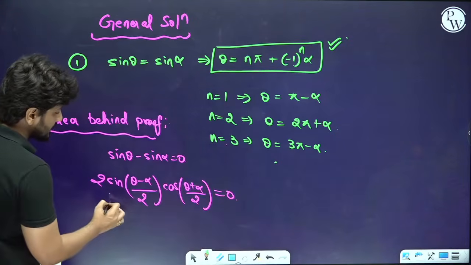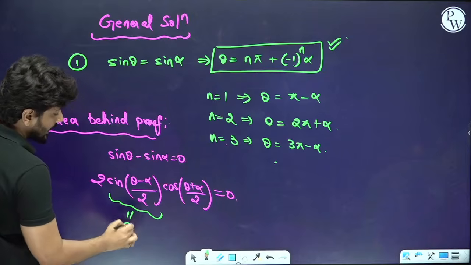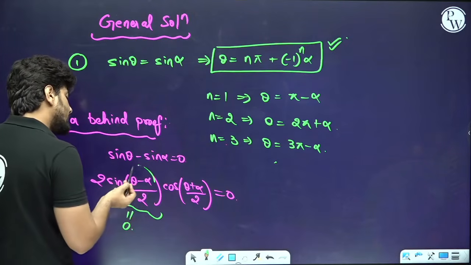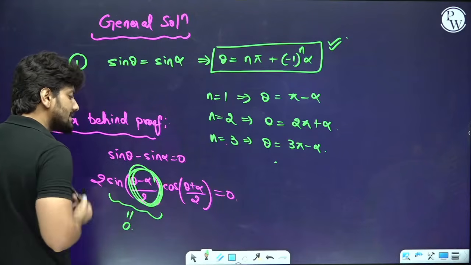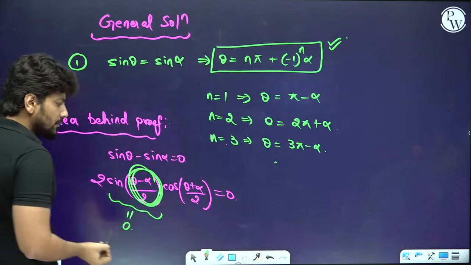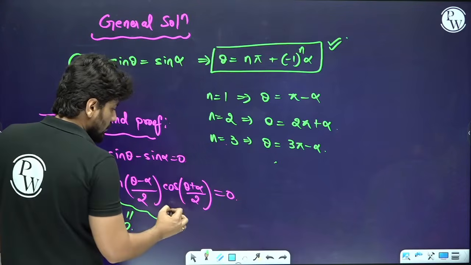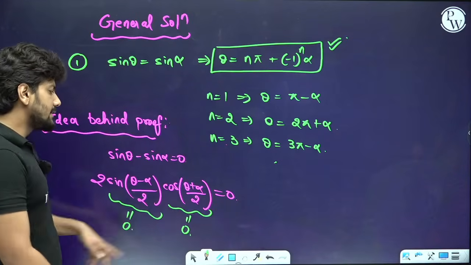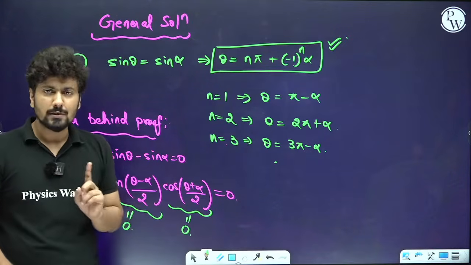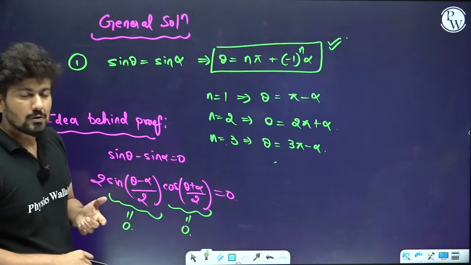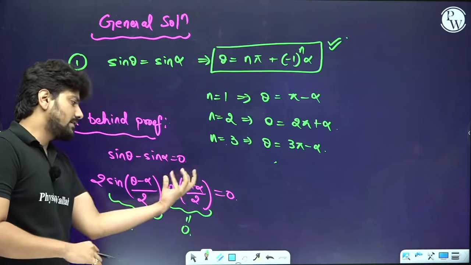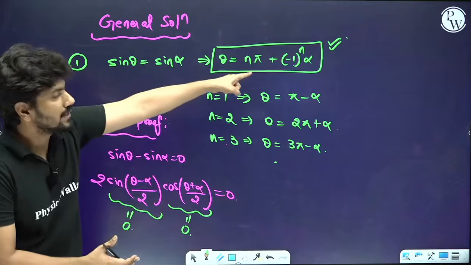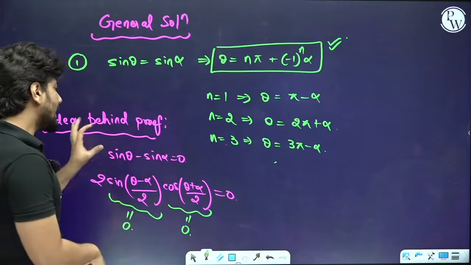So either this thing is 0, and we know that sine becomes 0 when the input is n pi, or cos will be 0, and this is 0 when theta plus alpha by 2 is an odd multiple of pi by 2. If we get the solutions from this equation and this equation and combine those solutions, we get to this. So this is the idea behind the proof.